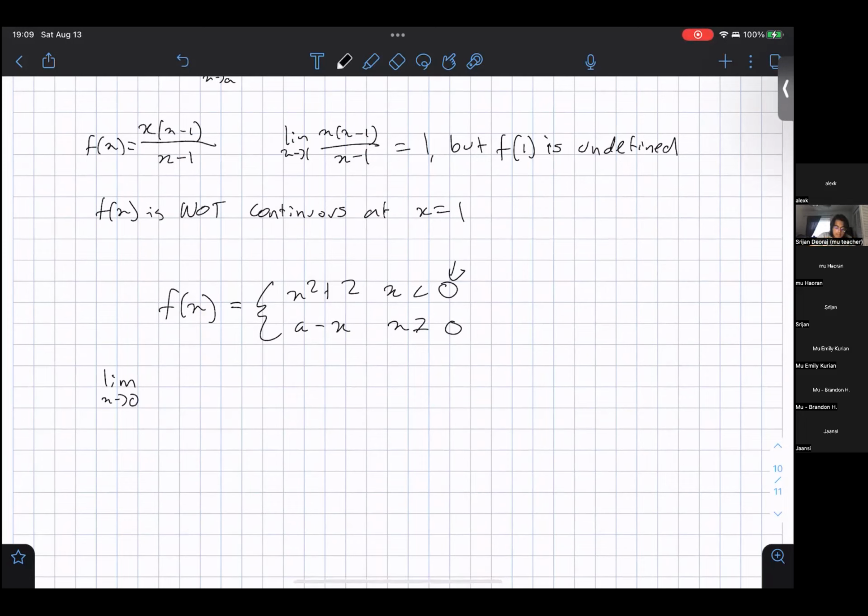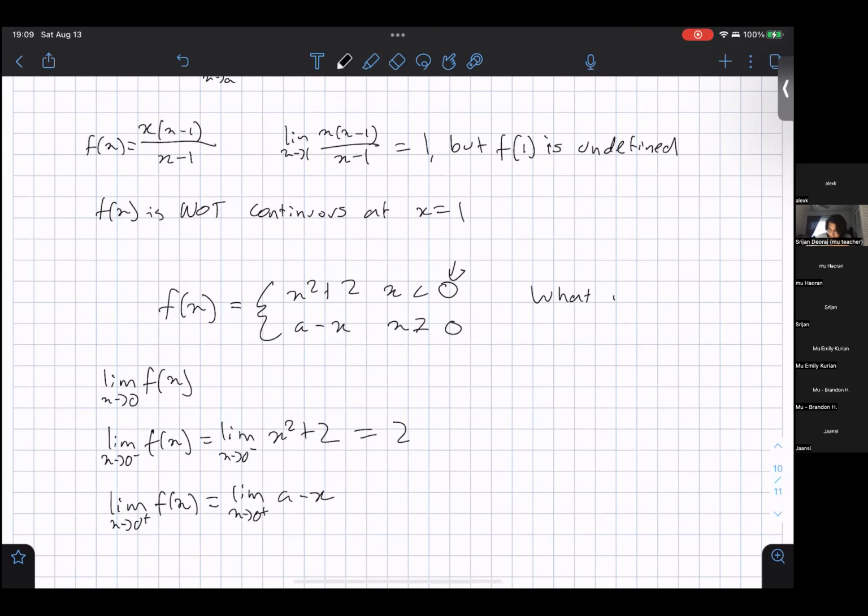So we want to find the limit as x approaches 0 of f of x. So again, a limit only exists if it exists from the left-hand side and the right-hand side. So from the left-hand side, this is equivalent to the limit as x approaches 0 of x squared plus 2, which is just 2. Similarly, the limit as x approaches 0 from the right-hand side is equivalent to the limit as x approaches 0 from the right-hand side of a minus x.